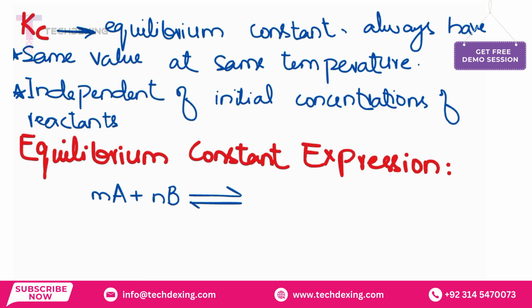A dynamic equilibrium is established between them, and you get P moles of the product C, and you are getting Q moles of the product D. Got it? So if we want to write down the equilibrium constant expression, equilibrium constant is represented by Kc, and Kc is equal to, can you help me to write down the equilibrium constant expression for this one? How can we write it down?